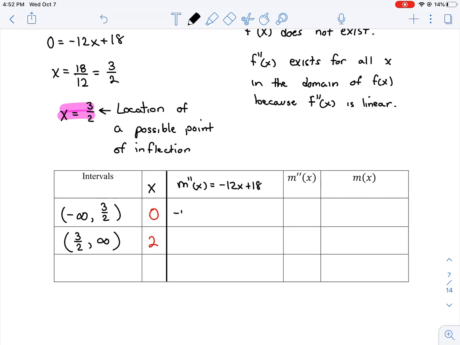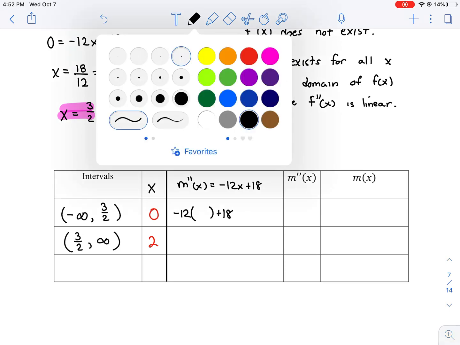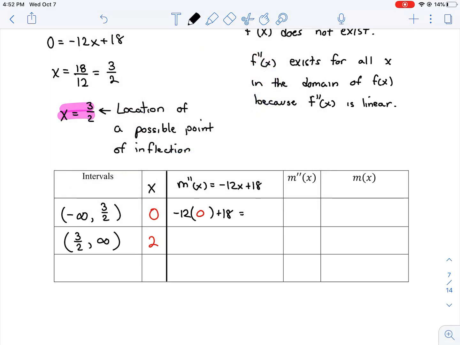So I'm going to substitute 0 in for x, and the result is 18. So that means the second derivative is positive. So the original function is concave up.